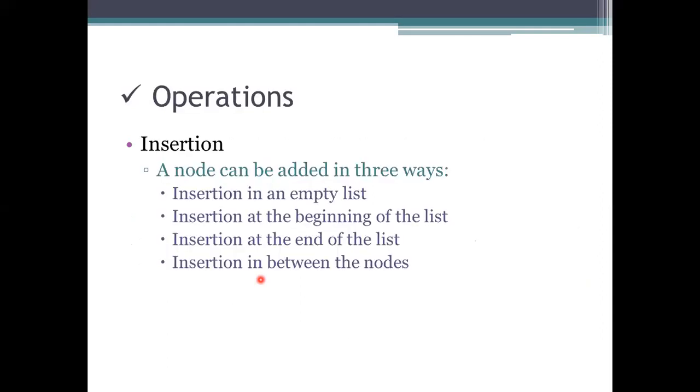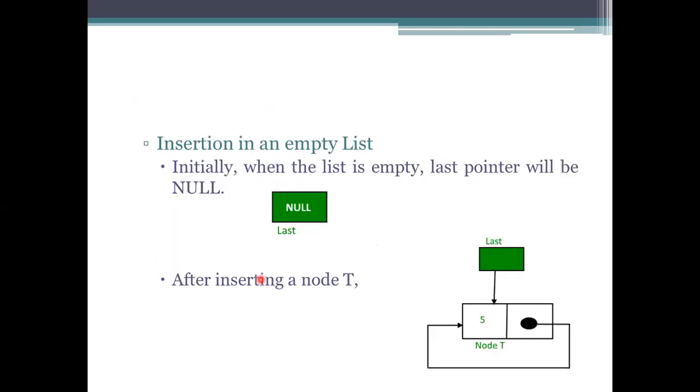Coming to the operations to be performed on that one, we can take first an empty list. We can add at the beginning, add at the end, and then add in between any nodes. So the first one is the insertion into an empty list. First we need to create an element space.